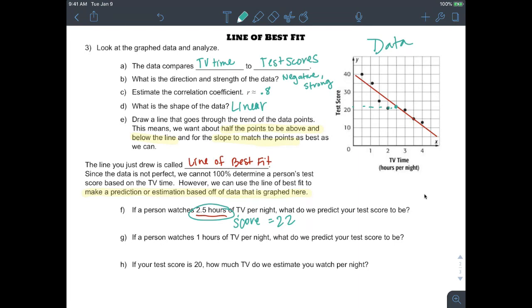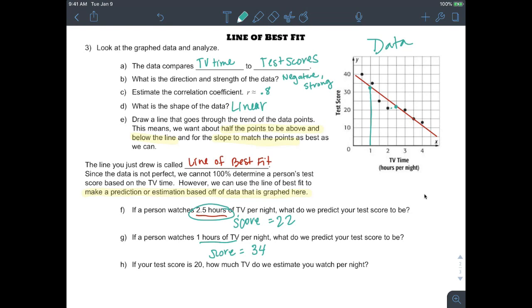We're going to do the next one. What do you predict the score to be when you watch 1 hour of TV? So 1 hour, go up to the line, and I get about 34. Is it okay if your scores are a little different than mine because your line is a little different than mine?